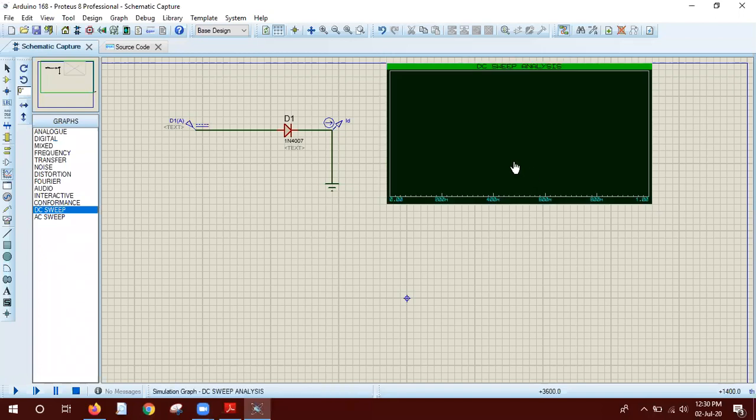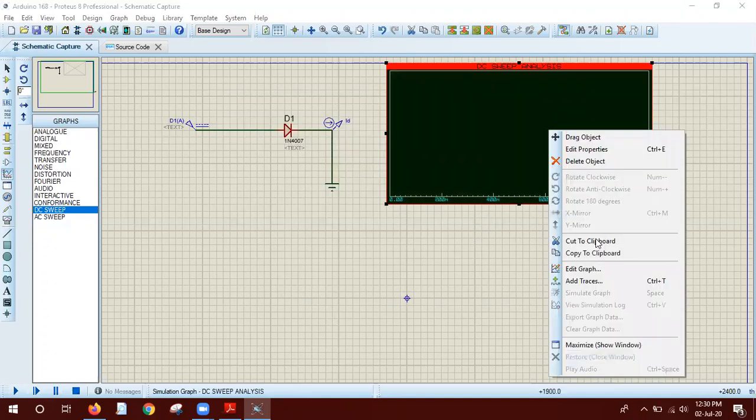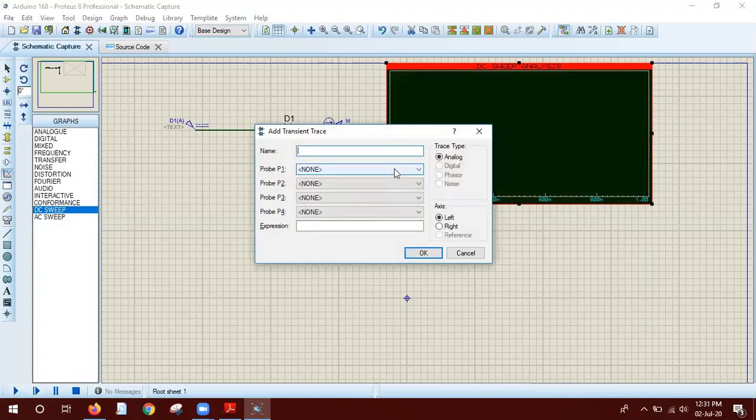You can see the DC sweep analysis. From this graph, we can see the DC sweep. So we single click the DC sweep and add trace. We go to add trace, and choose which probe we want to see.